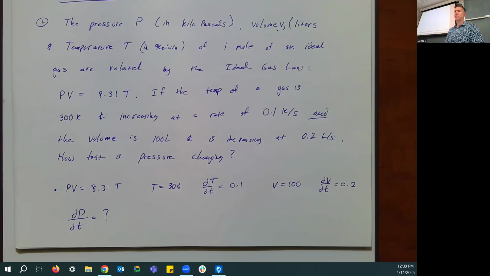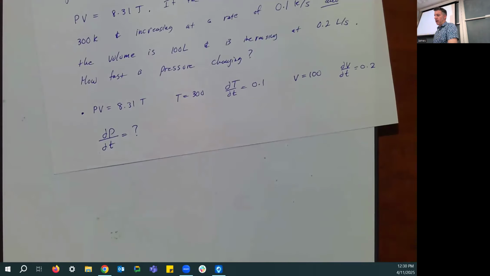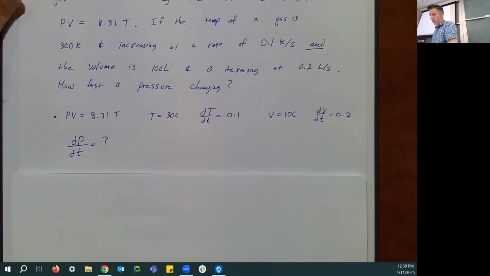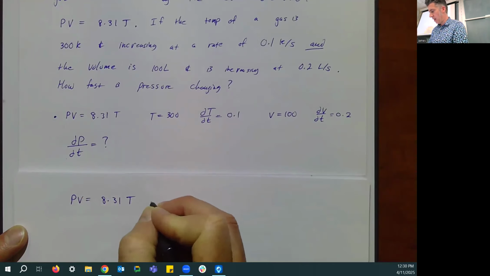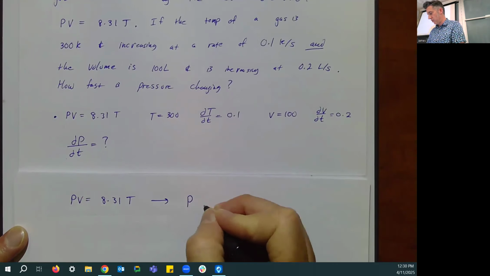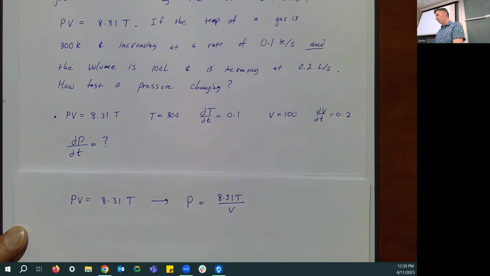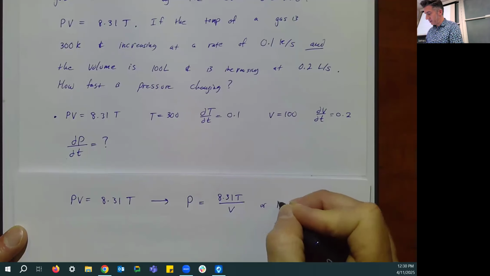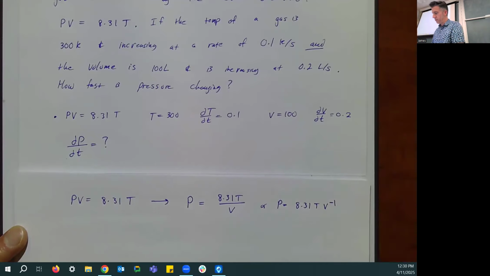So how do we do this? Well, this is where we need a new idea about how the chain rule works. First, I'm going to take that equation, PV equals 8.31 T, and isolate P. I'm going to rewrite that with P on its own equal to 8.31 T divided by V. Or preferably, since I know I'm going to be taking some derivatives, 8.31 T times V to the -1.